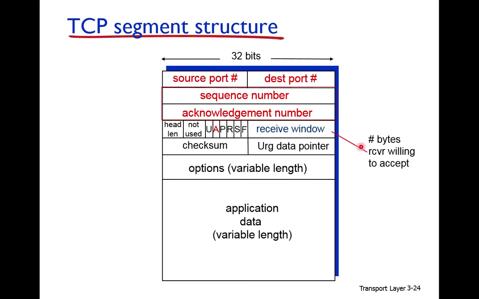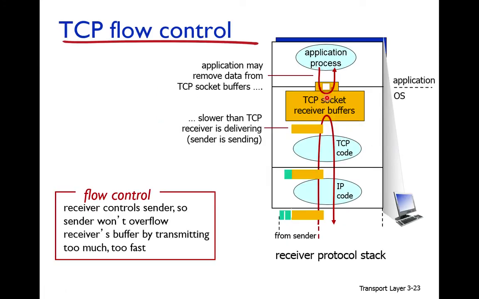So the receive window indicates the number of bytes a receiver is willing to accept, depending upon the free buffer space, that is how much free space is available in the buffer. Basically, when the receiver sends the acknowledgement or sends data to the sender, the receiver tells how much free space is available in the receiver buffer.